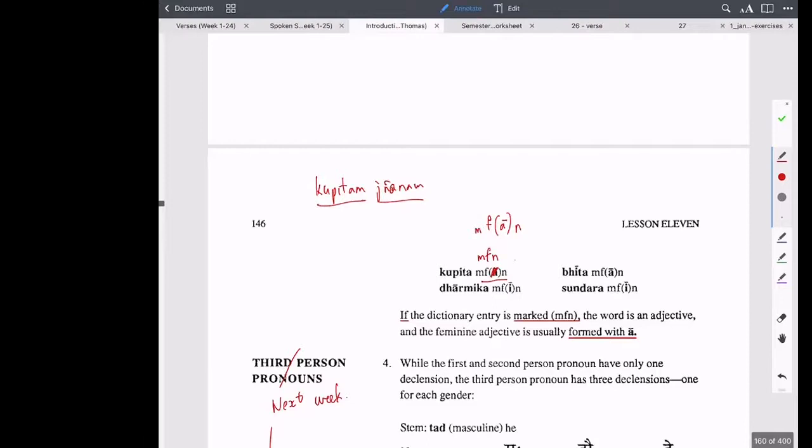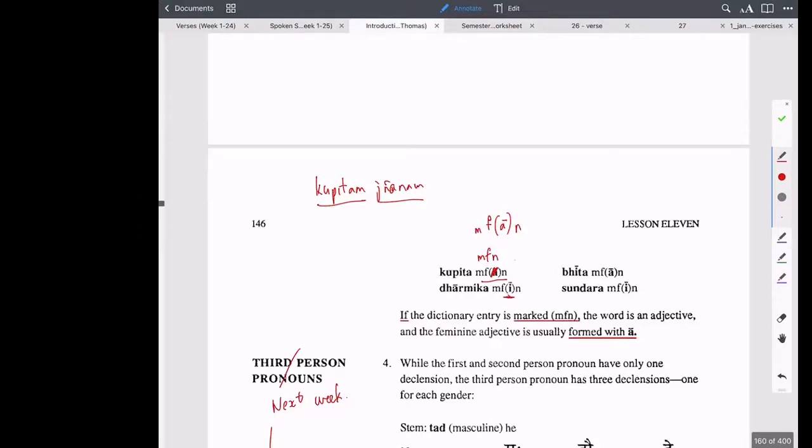Okay, what about virtuous army? Now careful here, instead of using the feminine a for dharmika, you use the long e, because army is feminine. So dharmiki sena.